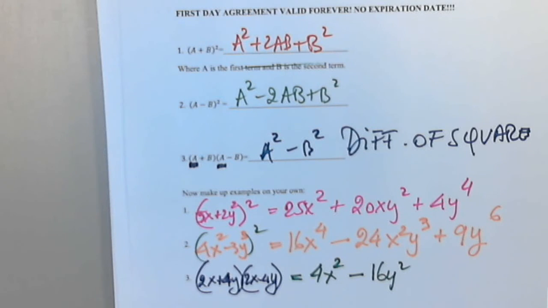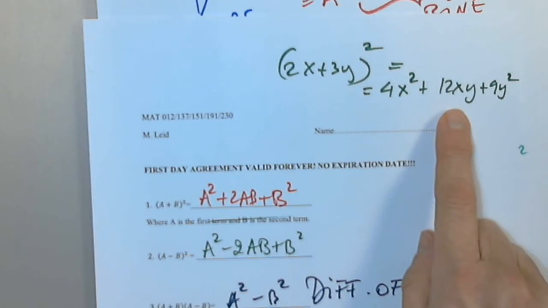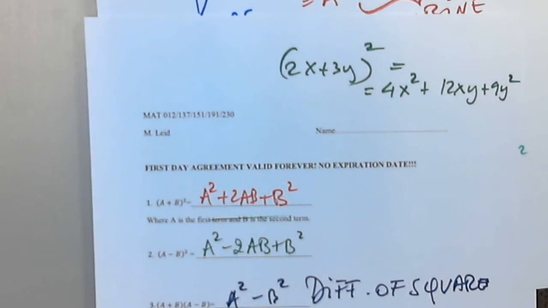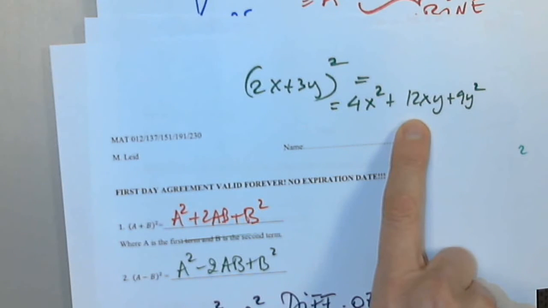So I'm really hoping that you will practice these three. Whenever we come back to this, if you say, I don't understand this 12, where does the 12 come from? We have an agreement.